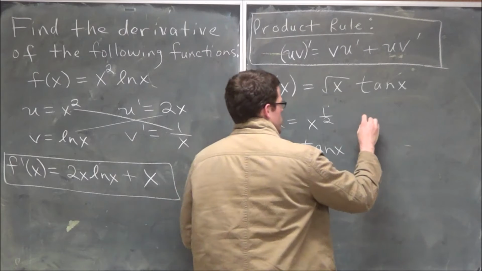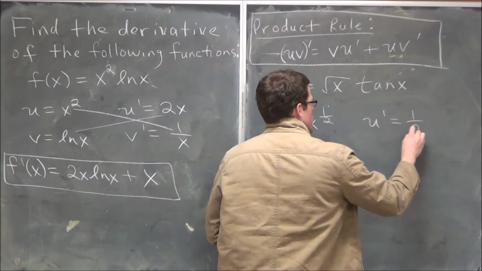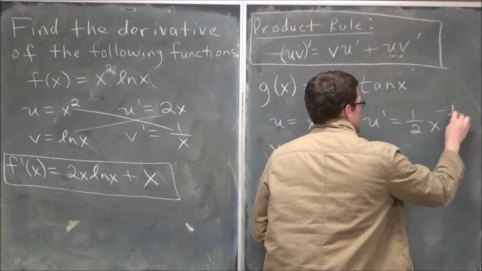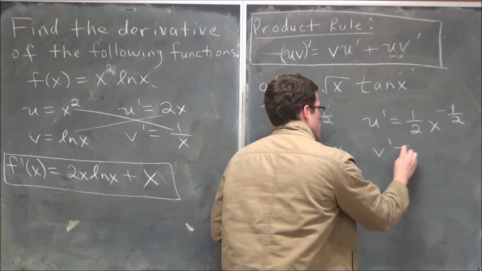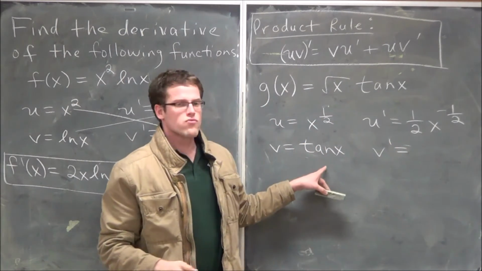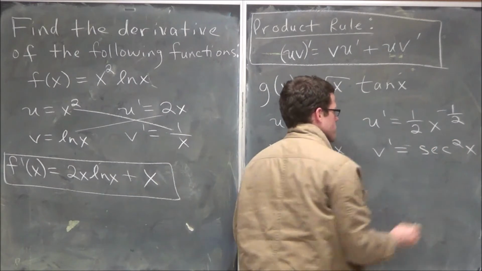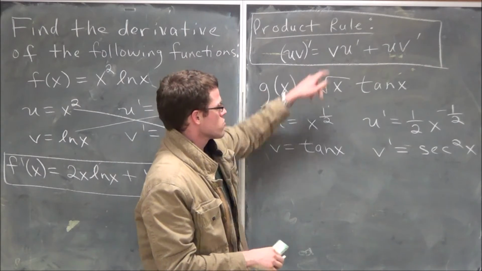So for the first part, u prime, we're going to use power rule. This is 1/2 times x to the 1/2 minus 1, which is going to give us negative 1/2. And then for the second part, we're going to have v prime equals the derivative of tangent x, which is secant squared x. So now to close this problem out, we're going to use the product rule once again.